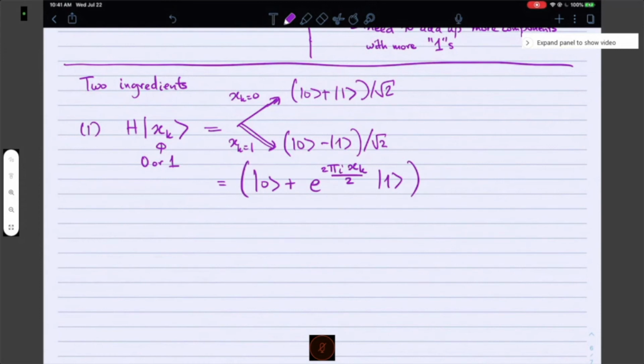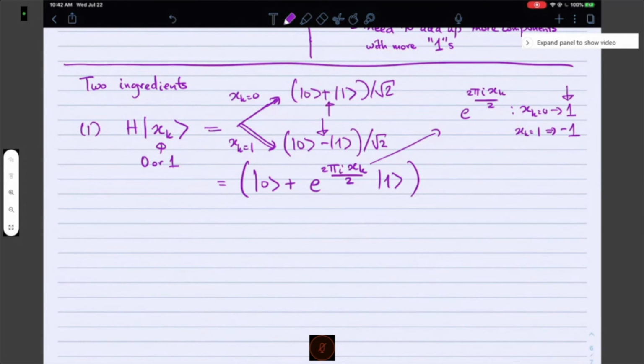Well, this phase, e to the 2 pi i xk over 2, when xk equals 0, is equal to just 1, because that exponent goes away. When xk is equal to 1, it goes to e to the pi i, which is exactly minus 1. And that's this branch. So the plus 1 branch is up here, and the minus 1 branch is the one at the bottom.